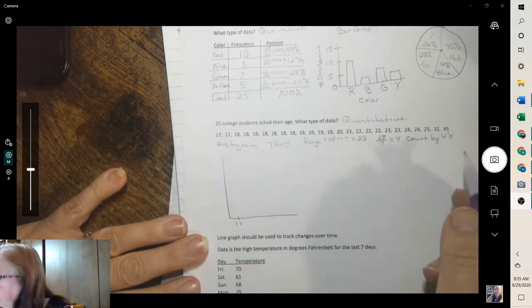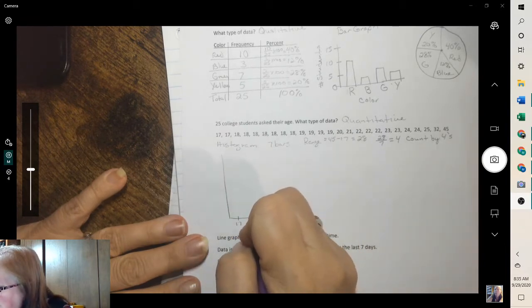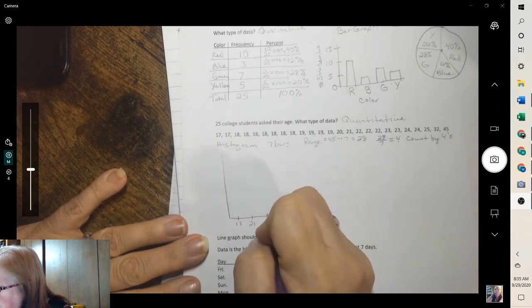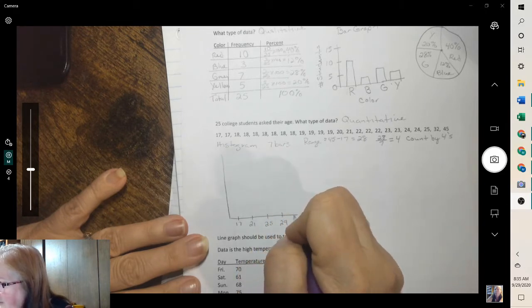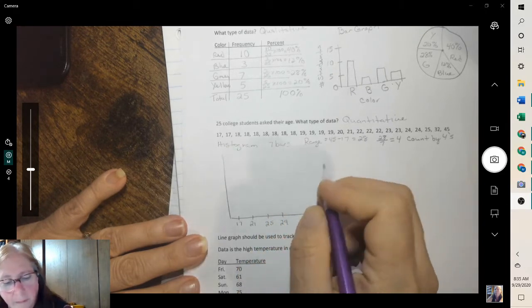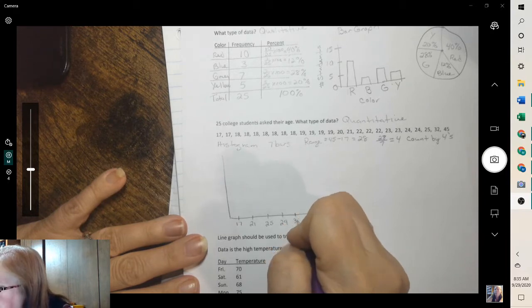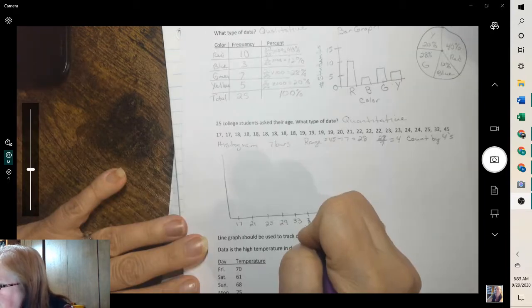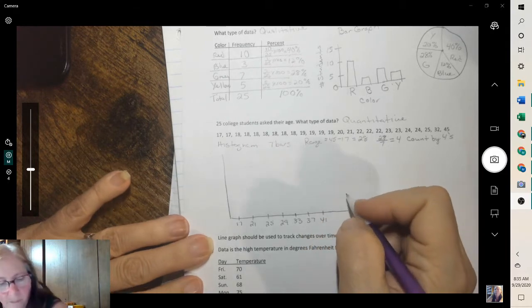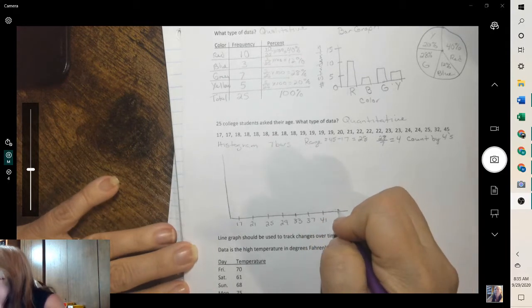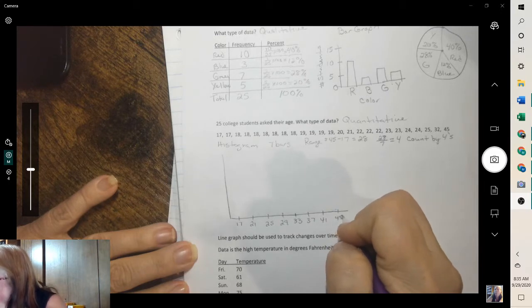And then we count by 4s. So 17, 21, 25, 29, 33, 37, 41, 45.